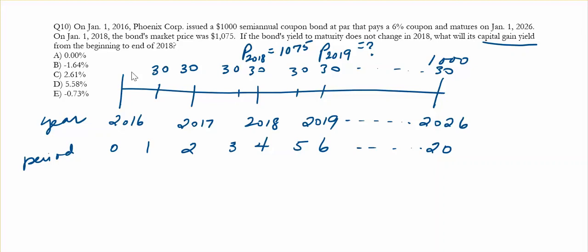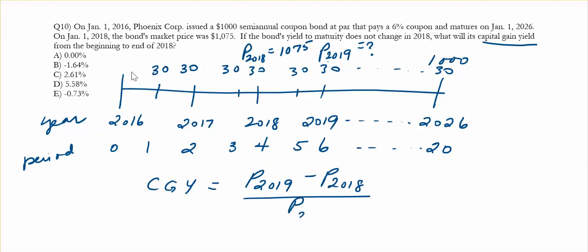So we want to know what's the capital gain yield going from here to here. So the capital gain yield in this case will be the change in the price of the bond over 2018 divided by the original price. If we can find the price in 2019, we can get the capital gain yield.